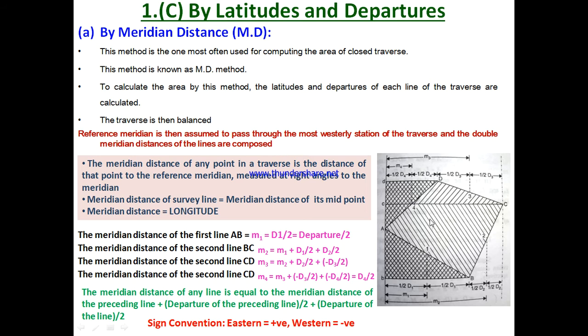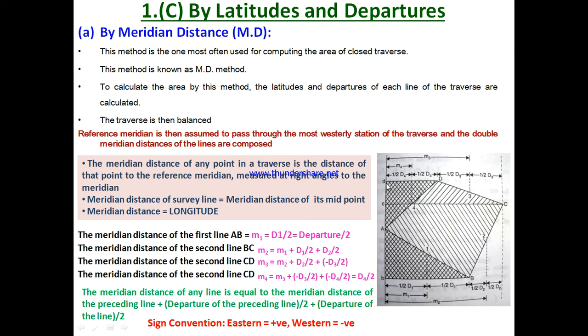It will be calculated as area of DDCC plus area of CCBB minus area of triangle DDA minus area of triangle ABB.